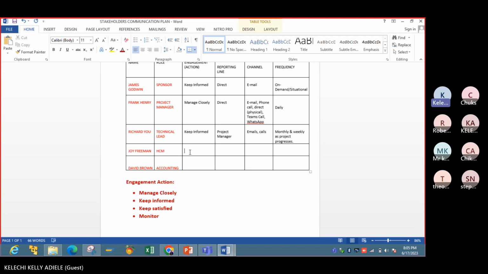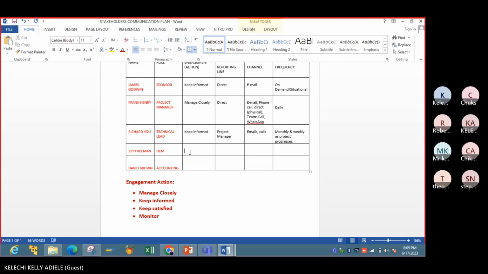Does the project have a direct impact to HCM? She's the one employing the team members that you need. So let's say, for example, you will need SAP consultants, or you will need an assistant BA. We have to manage her closely.